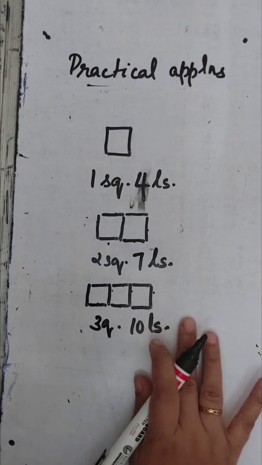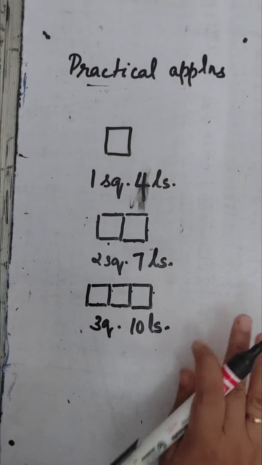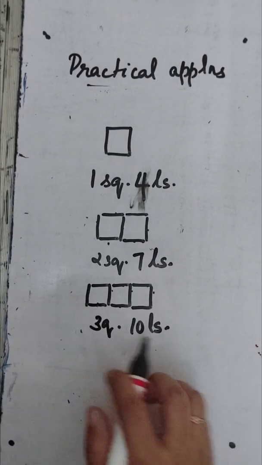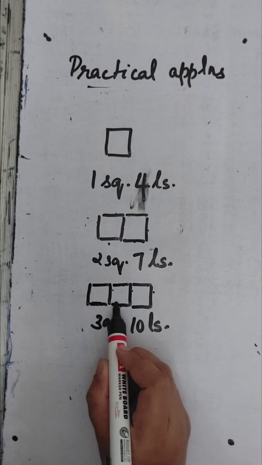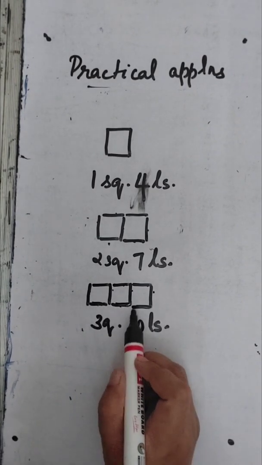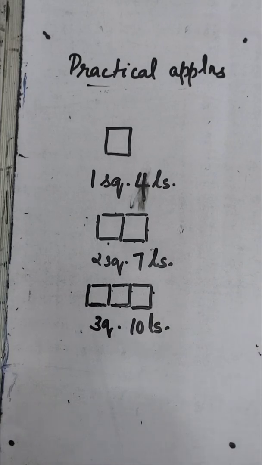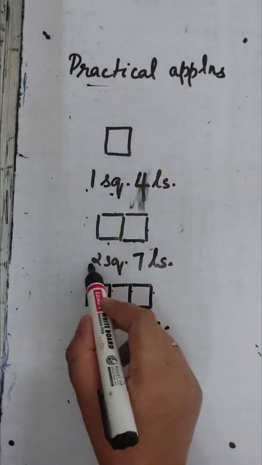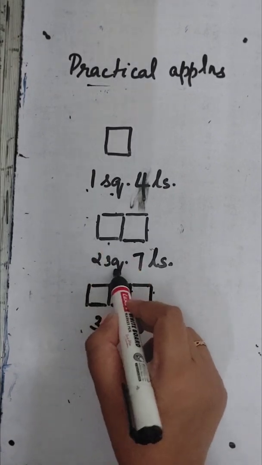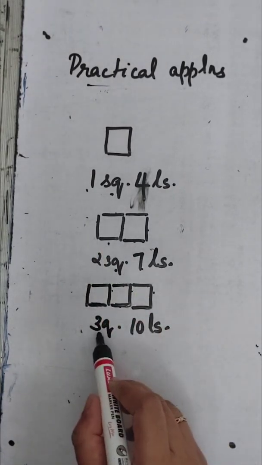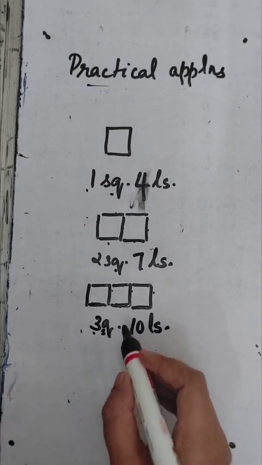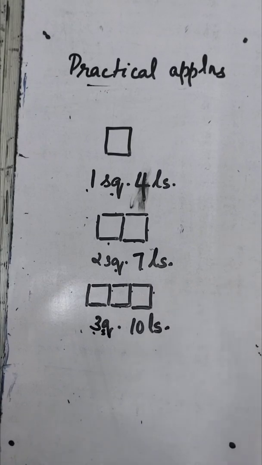So we have to formulate an expression or a formula to find out how many line segments are required to make n squares. That is, for making 1 square you need 4 line segments. To make 2 squares you need 7 line segments. To make 3 squares you need 10 line segments. For making n squares, how many line segments are required?